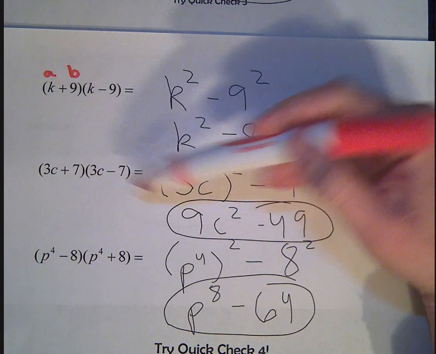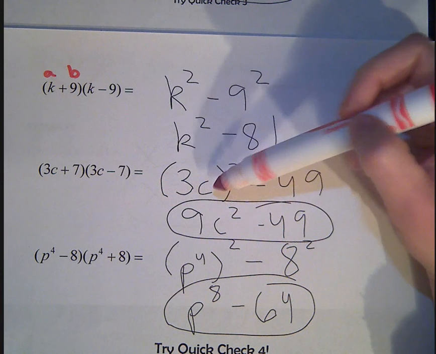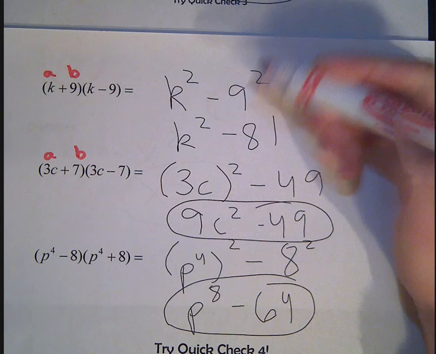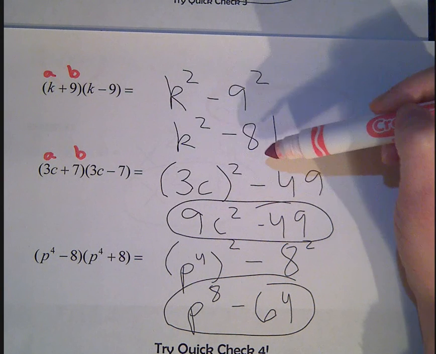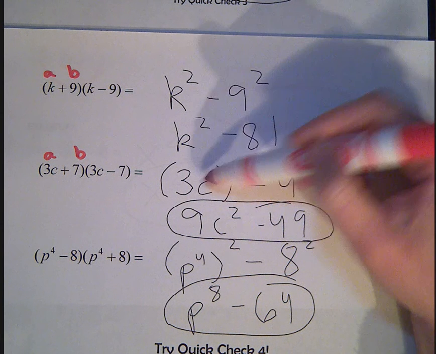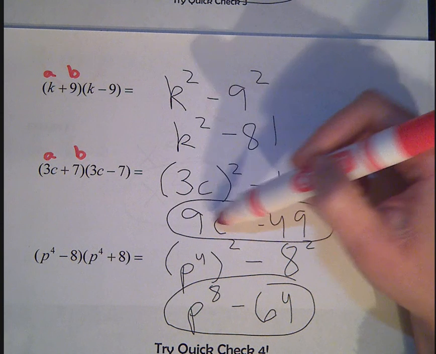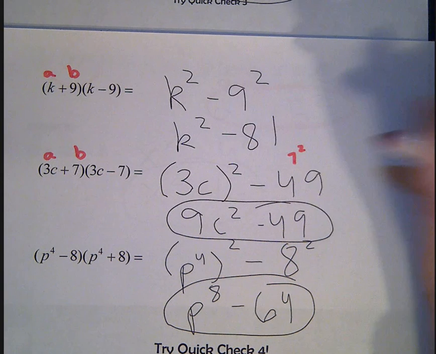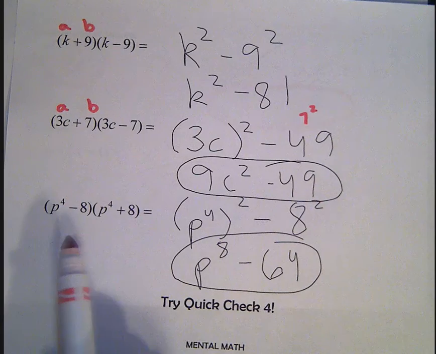3c plus 7. This is one where you want to make sure and put this in parentheses because your a is 3c, your b is 7. So quantity 3c squared minus 7 squared, which is 49. So 3c squared, that's 9c squared minus 49. We got 49 because it was 7 squared. Over here, same thing. Make sure you put this in parentheses.